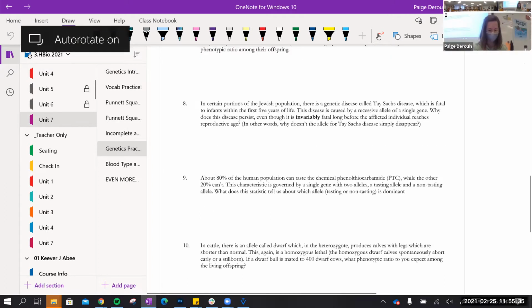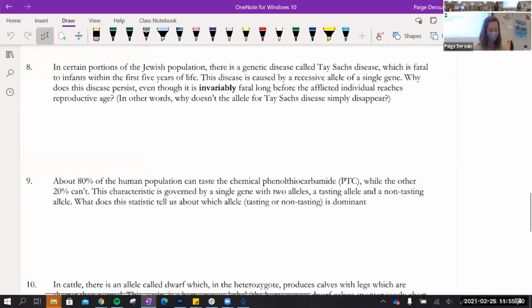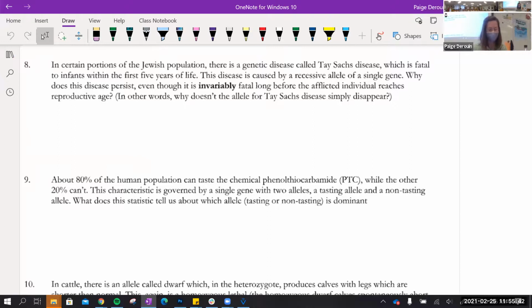So for number 8, you actually don't really need a Punnett square for this one. Basically, you need to know that the disease is recessive. So the question is asking, I'll use T's, if people get this, they die. So why does the allele still exist if everyone who has 2 little t's dies? The reason is that if people are this, they're normal.